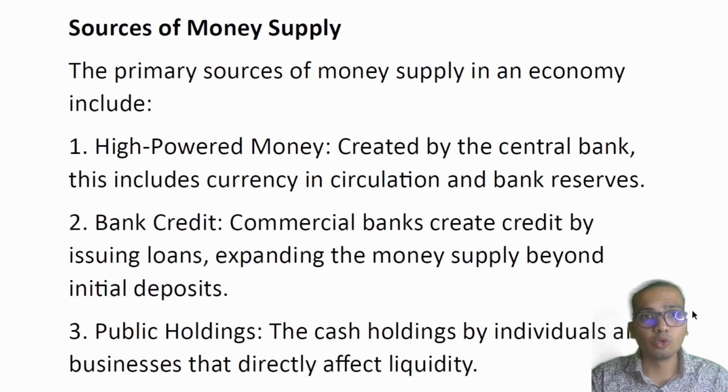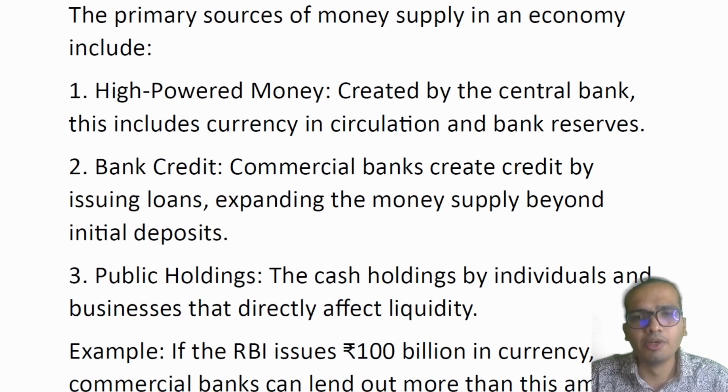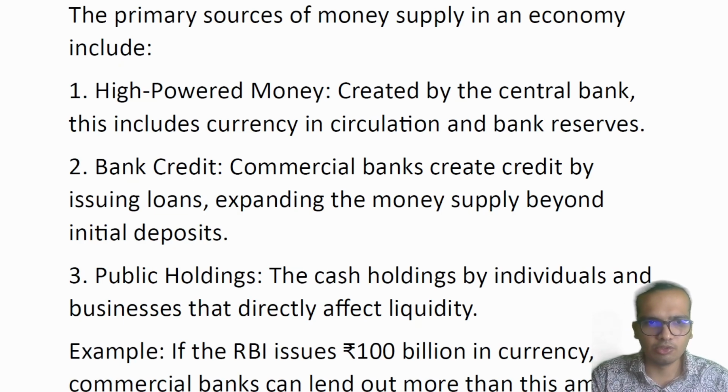Then comes sources of money supply. So the primary sources of money supply in an economy include: first, high powered money that is created by the central bank, that includes currency in circulation and bank reserves. Second, bank credit. Commercial banks create credit by issuing loans, expanding the money supply beyond their initial deposits.